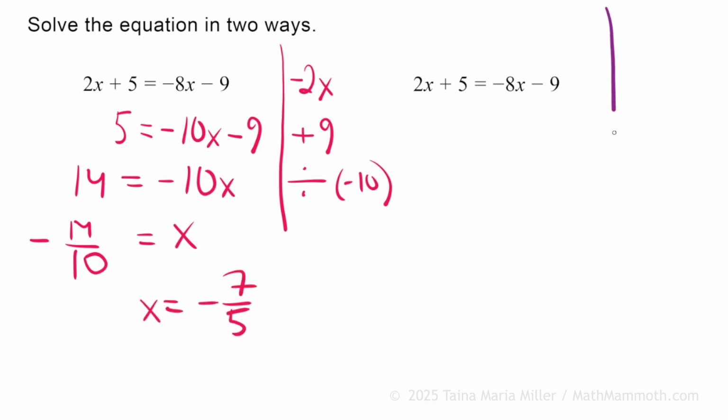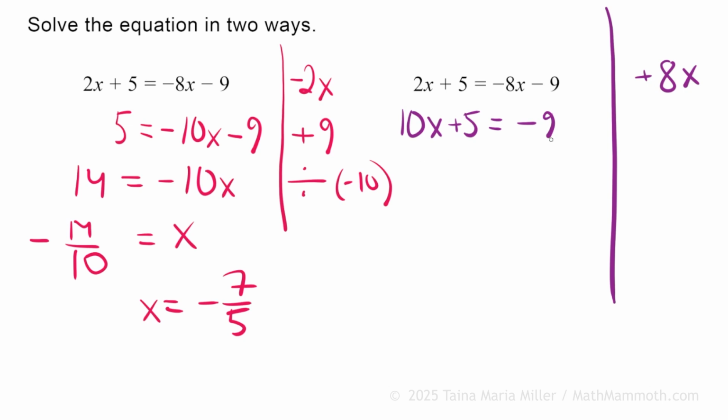Then the other way, almost the same, but this time, instead of dealing with this term here, I will eliminate this one here. Add 8x to both sides. Then we get 10x on this side, and the 5, and then only negative 9 on this side. Looks pretty simple, right? Now we subtract 5 from both sides, 10x equals negative 14.